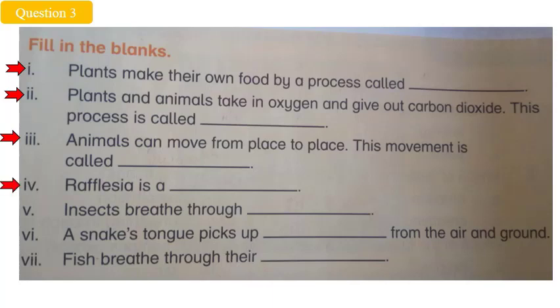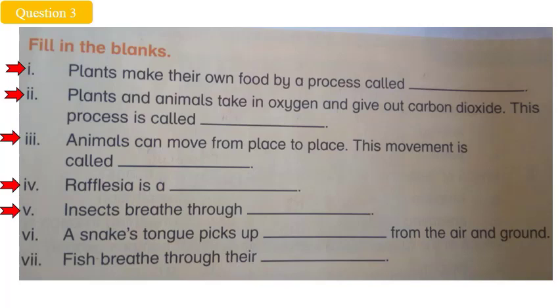Number 4. Rafflesia is a dash. We studied about different types of plants. Some plants can make their own food, but some plants do not make their own food. They can be carnivores, parasites, or decomposers. You need to find out what Rafflesia is. Number 5. Insects breathe through dash.